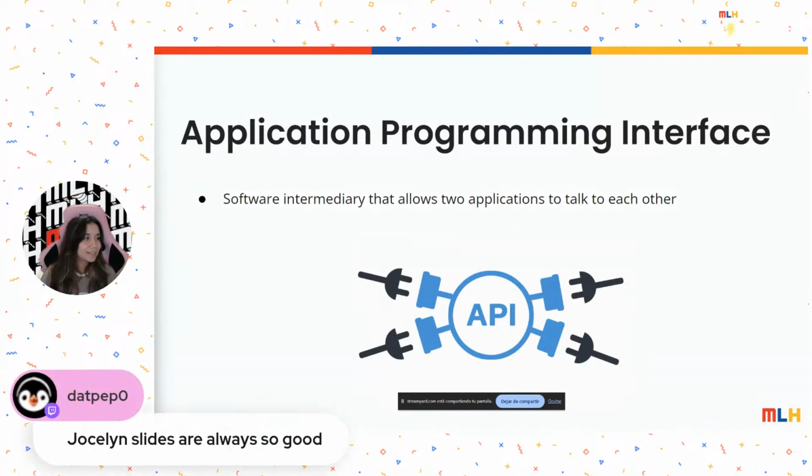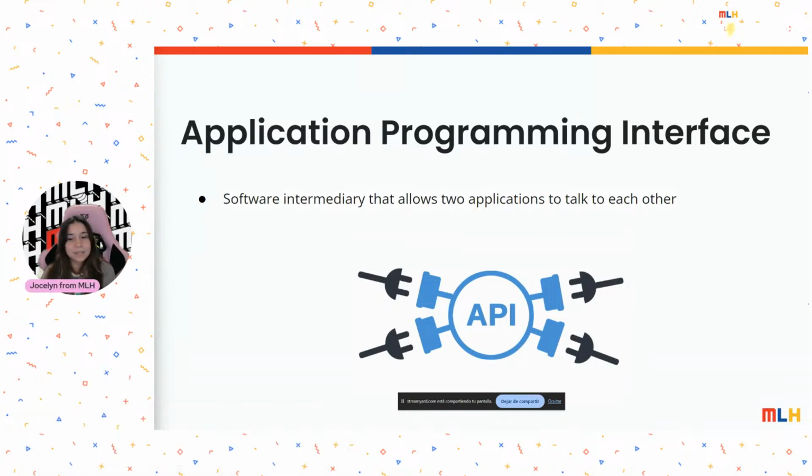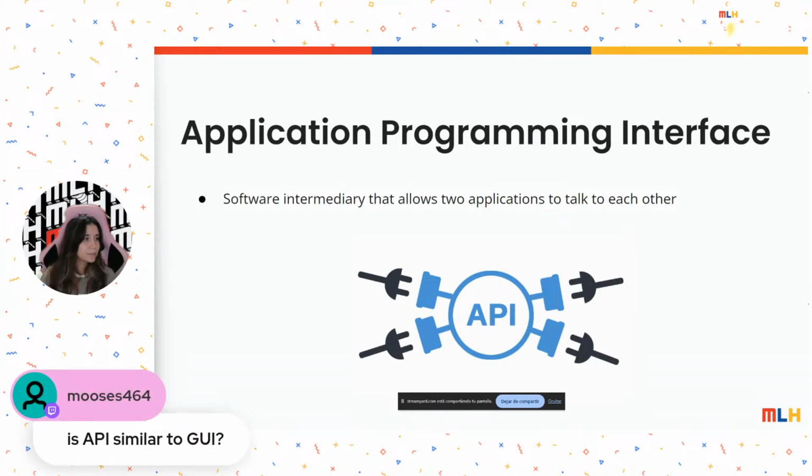Thank you. I actually put a lot of effort into my slides because when I began coding and saw very complex information, it always got me really confused. So I always try to make my slides as easy as possible. So is an API similar to a graphic user interface? Not really.